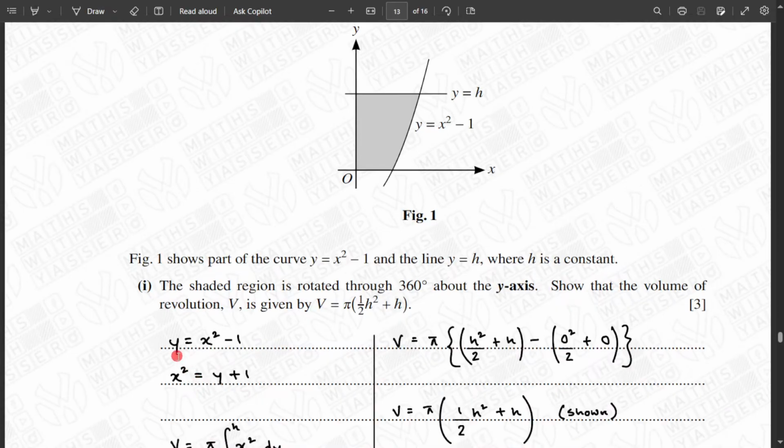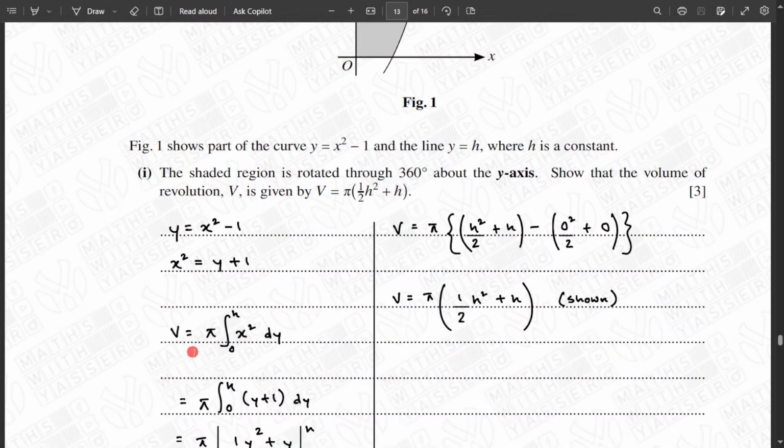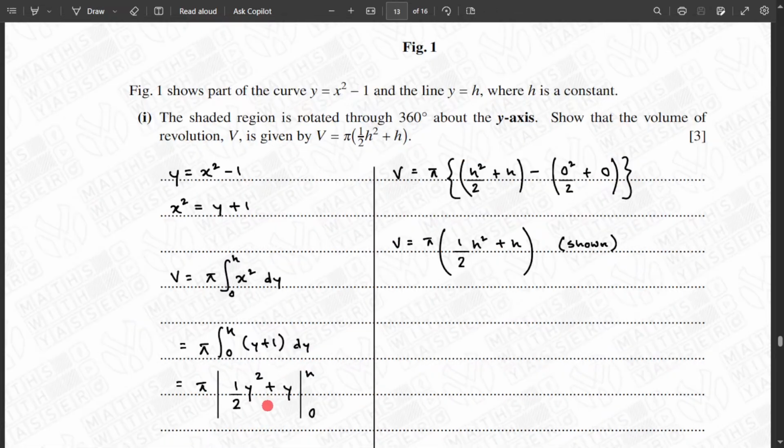So we have the equation of the curve, which is y equals x squared minus 1. Now let's make x squared the subject of the equation because it will be rotated about the y-axis. So x squared equals y plus 1. So the volume should be pi integrating with limits h and 0 of x squared dy. So pi times the integral of y plus 1.